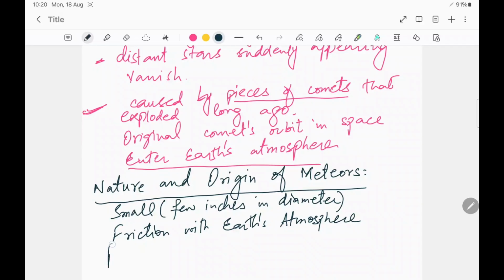And the path that they follow, they follow a looping path through space, and they occasionally intersect Earth's orbit. So that is the nature and origin of these meteors.